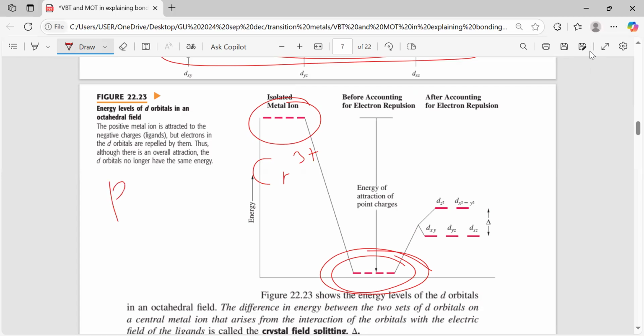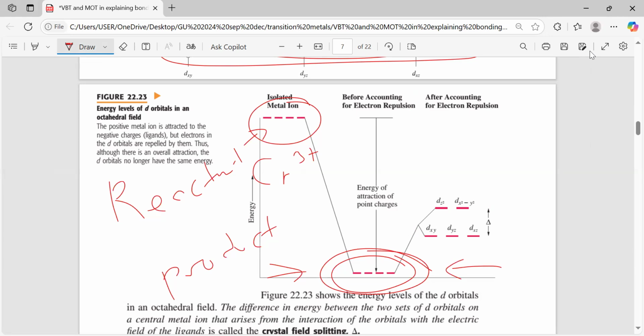Your product and reactant. Your reactants will be at a higher energy level, and your product will be at a lower energy level. So these are orbitals of our product and reactant, which is chromium. And the ligands coming in, you get your product, that is your complex.